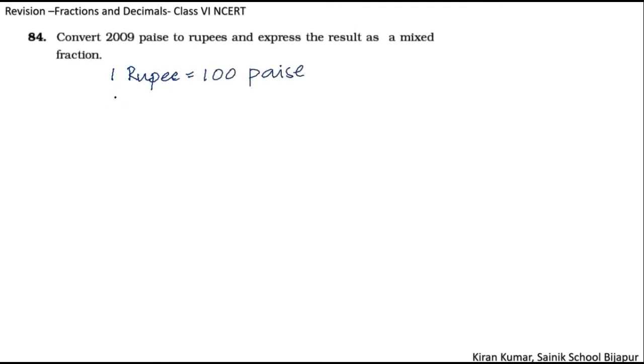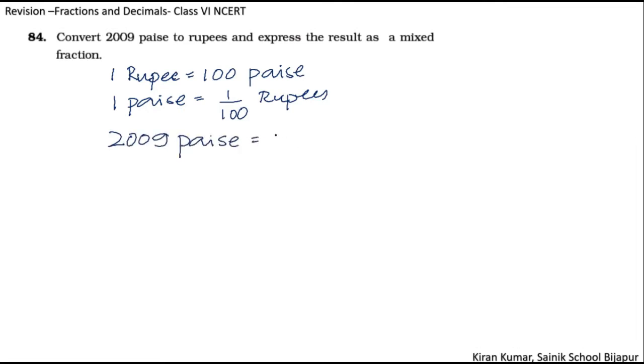So 1 paise will be equal to 1 by 100 rupees. Therefore, 2009 paise will be equal to 2009 multiplied by 1 by 100. We get in terms of rupees 20.09.